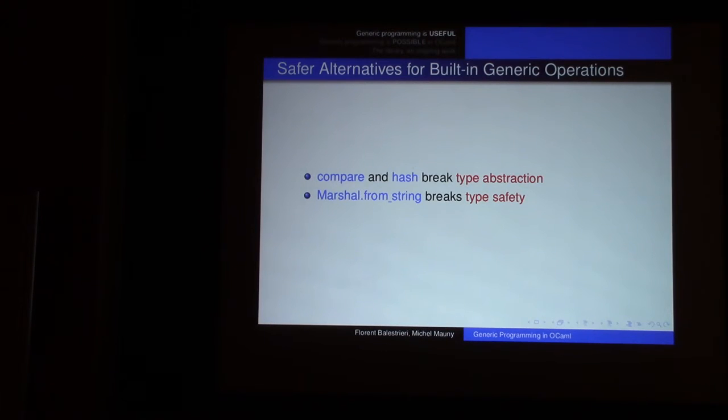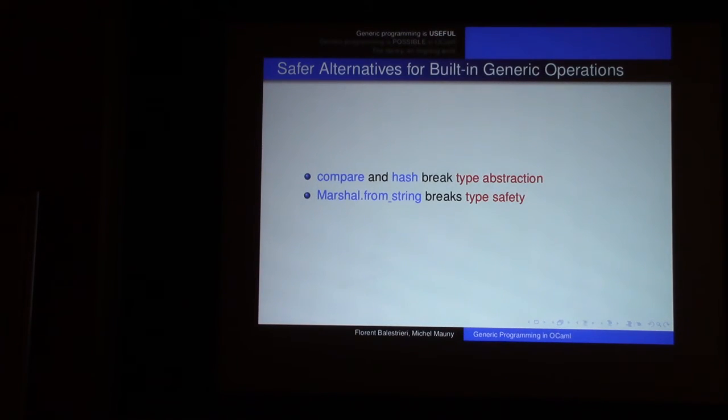OCaml already has some generic primitives, although it doesn't allow us to define new ones. And they're useful in most cases, but they have some drawbacks, mainly because they do not know about abstract types.